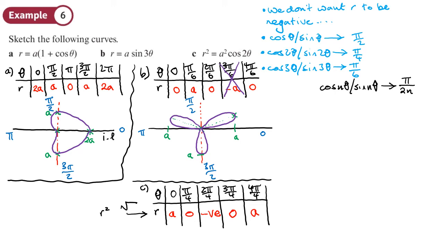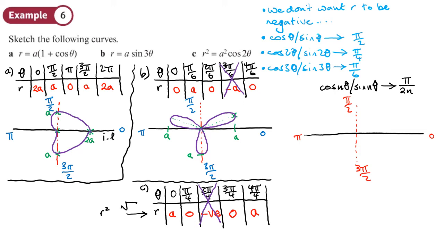So here's the table. I worked it out rather than keeping you waiting. You can see we get a negative value there, so that one we ignore. We draw our initial line here, and then we're just going to mark in a line so we can see where our angles are. So 0, pi over 2, pi, 3 pi over 2, and we'll just plot these points.